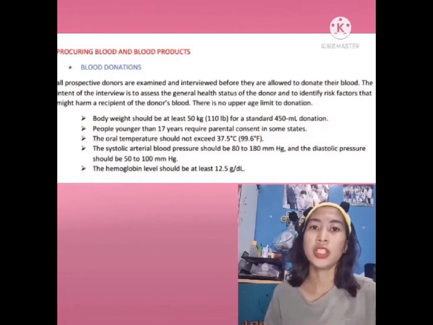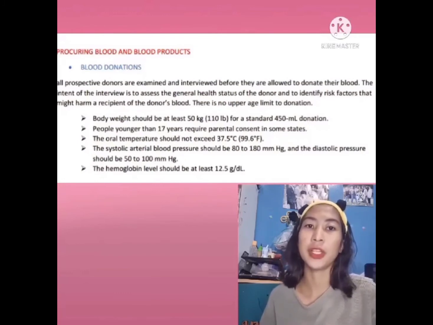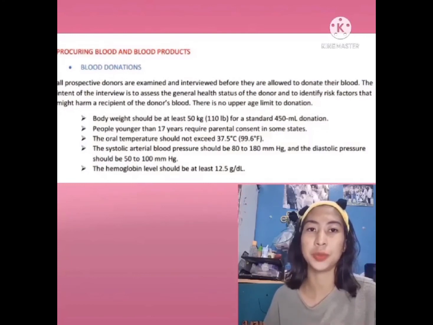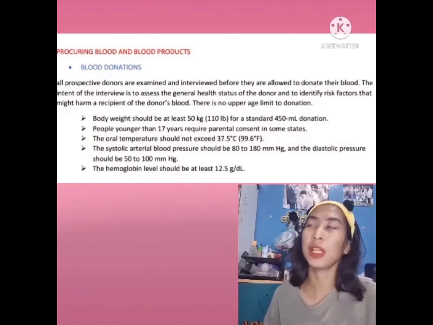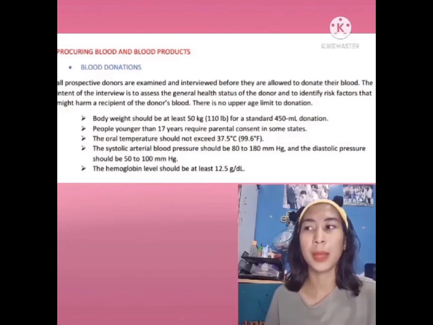The oral temperature should not exceed 37.5 degrees Celsius or 99.6 degrees Fahrenheit. The systolic arterial blood pressure should be 80 to 180 mmHg, and the diastolic pressure should be 50 to 100 mmHg. The hemoglobin level should be at least 12.5 g per dl.